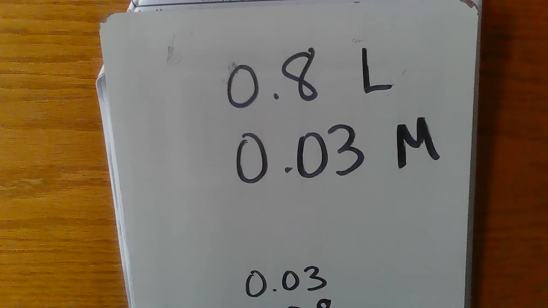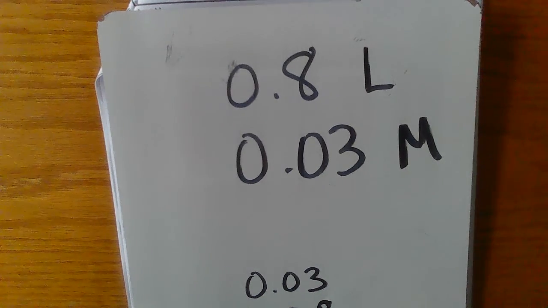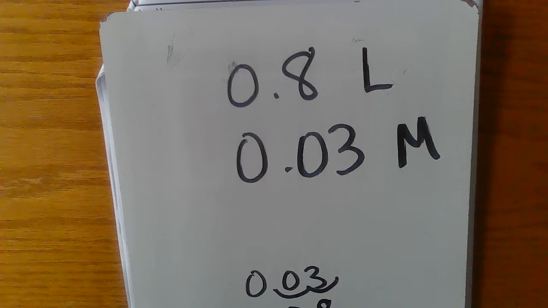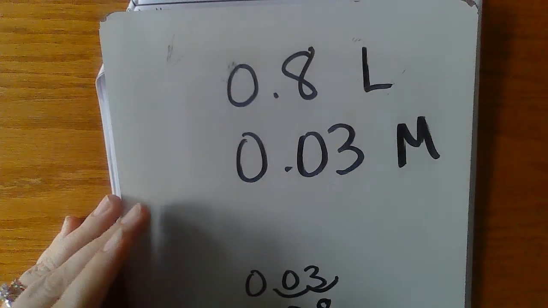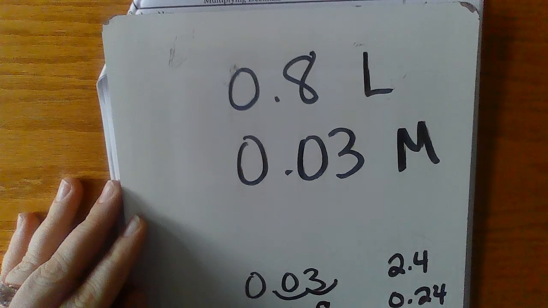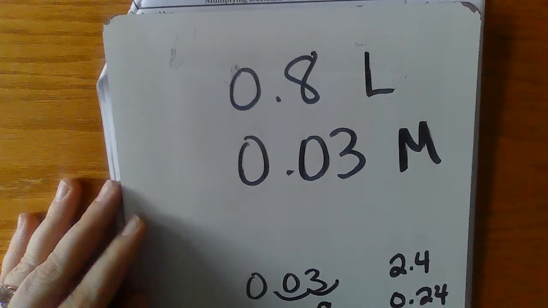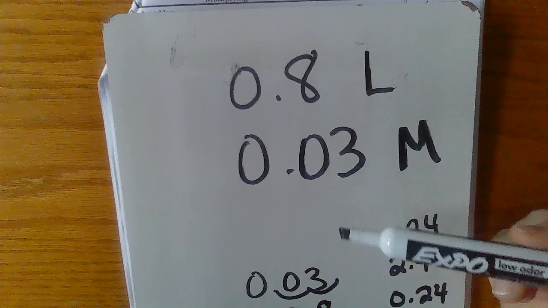Okay, again, I'm really just multiplying two numbers. 8 and 3 is 24. But my question is, where does the decimal go? When I'm multiplying hundredths by tenths, you're going to end up in the thousandths place. So I have 1, 2, 3. It's obviously not going to be 2.4. So if I think of all my options here, I know it's one of these. It's definitely not 24, because I'm taking less than a whole times even smaller.